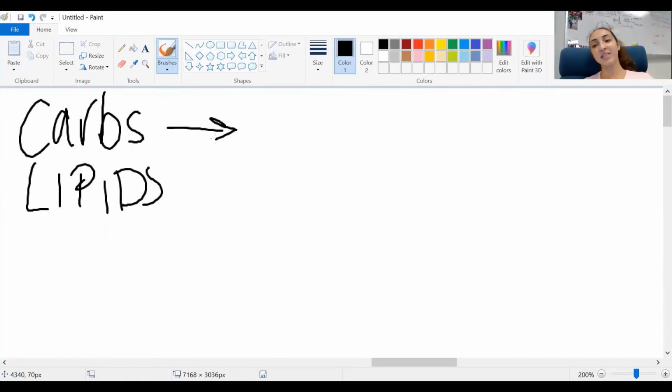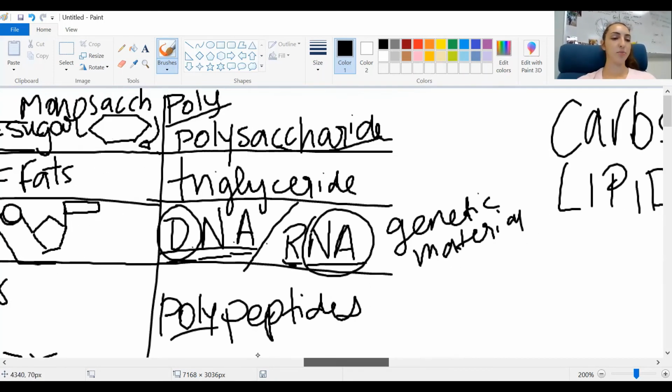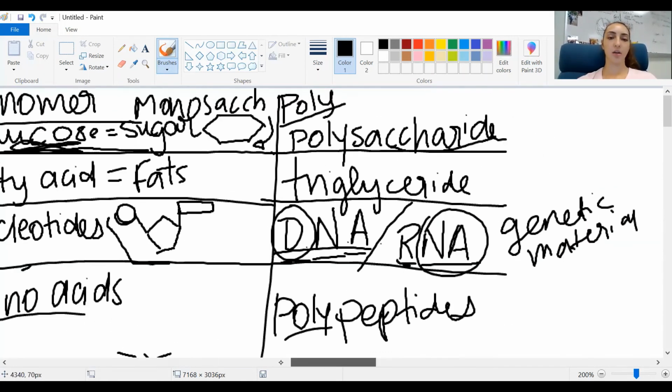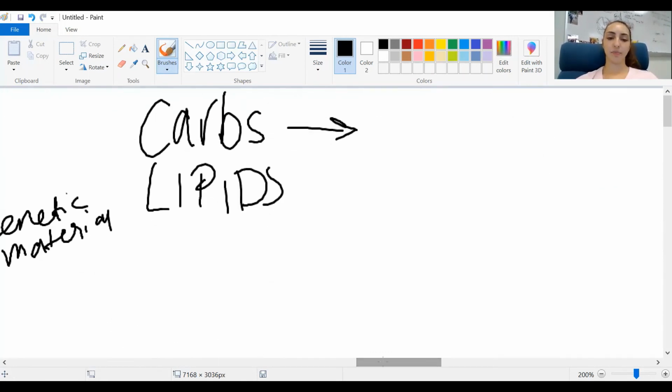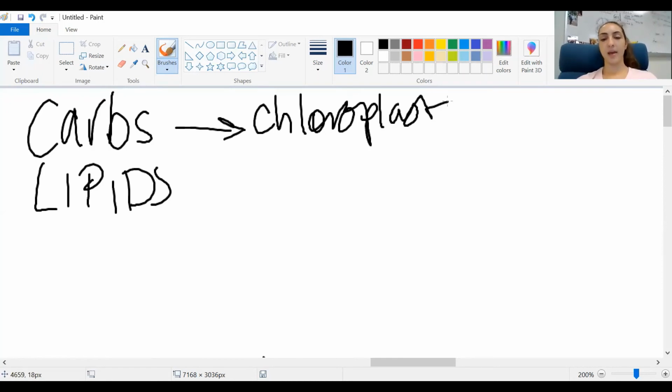They take in sunlight, and as a result, they have glucose. Glucose is energy, so you're going to find the main job of glucose occurring in the chloroplast and in the mitochondria.